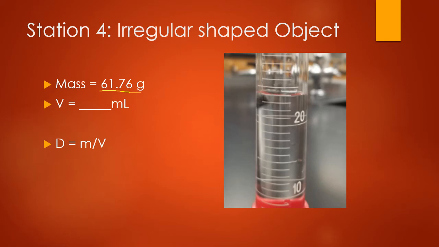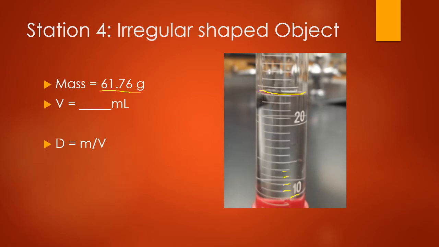This is the water that was collected from the spout when the irregularly shaped object was placed in the overflow can. You can see the water level right here. Notice the graduated cylinder goes by ones. We have 10 down here, the next dash is 11, then 12, 13, all the way up to 20. You can use this line here to figure out how many milliliters of water are in the graduated cylinder and record it in the appropriate place.